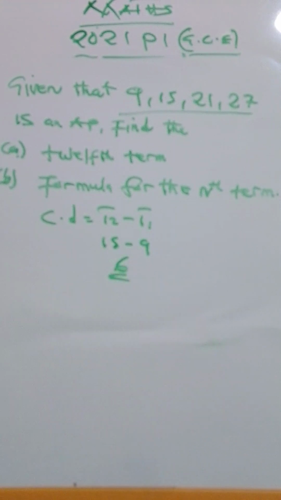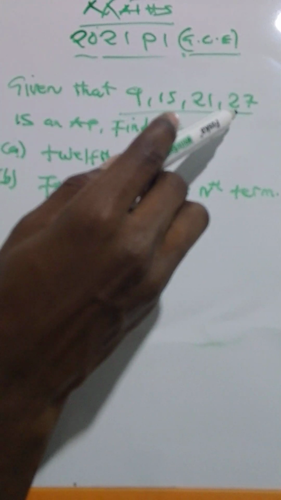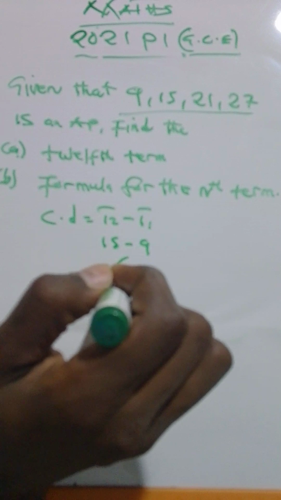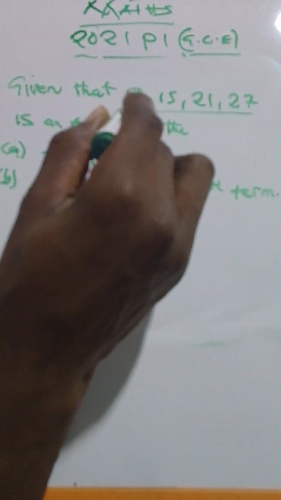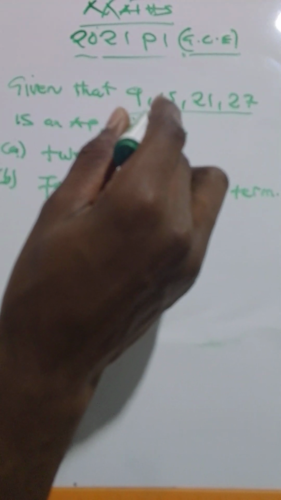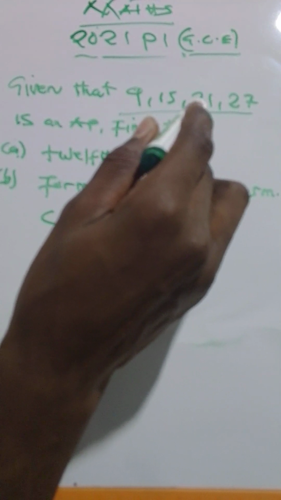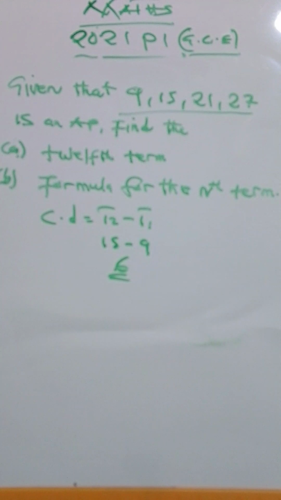Okay, so for us to find the 12th term, since we have 1, 2, 3, 4, now we need to be adding this 6 to the last term in order to get the next term. So 6 plus 9, it was 15, 15 plus 6, 21, 21 plus 6, 27, 27 plus 6, we're going to get 33, 33 plus 6, we're going to get 39.